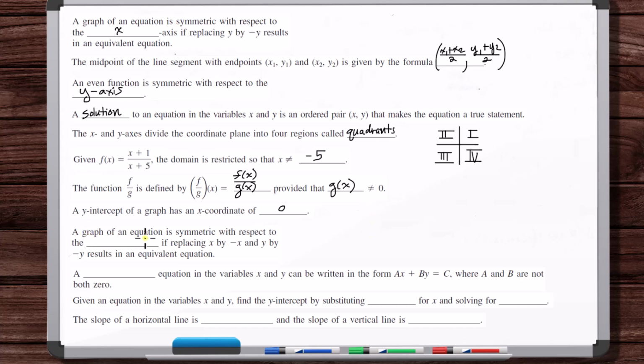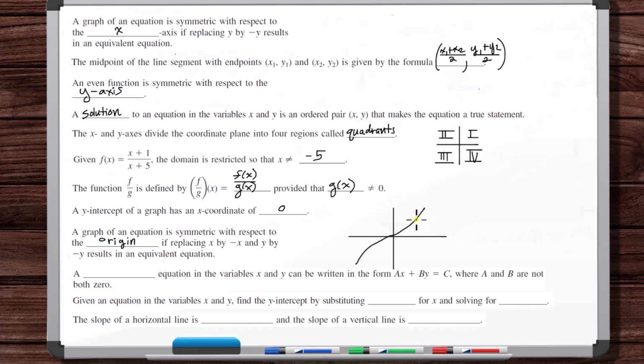A graph of an equation is symmetric with respect to the blank if replacing x by minus x and y by minus y results in an equivalent equation. To the origin. Okay, so if we replace x by minus x, we flip about the y-axis, but look, we're not on the graph, so it's not symmetric with respect to the y-axis.